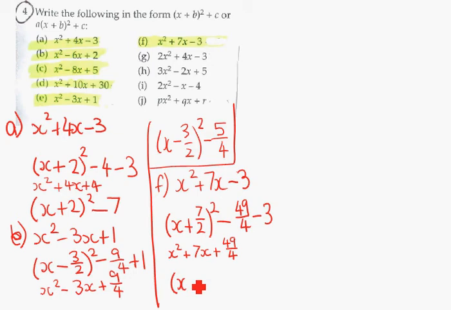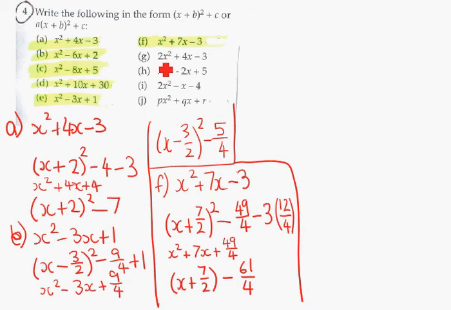So neatening that up, doing a little bit of fraction work, we're going to get minus 49 over 4. Now 3, I can write as 12 over 4. So we get minus 49 minus 12, which should be minus 61 over 4. It's a little bit of fraction work and you don't actually need a calculator.